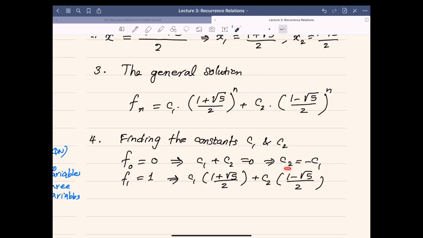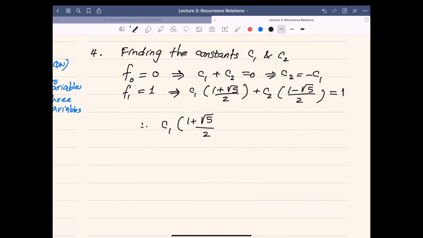Now since C2 is equal to minus C1, we can substitute here. And don't forget that this is equal to 1. So by substituting, we have C1 times 1 plus the square root of 5 over 2, minus C1 times 1 minus the square root of 5 over 2 is equal to 1.